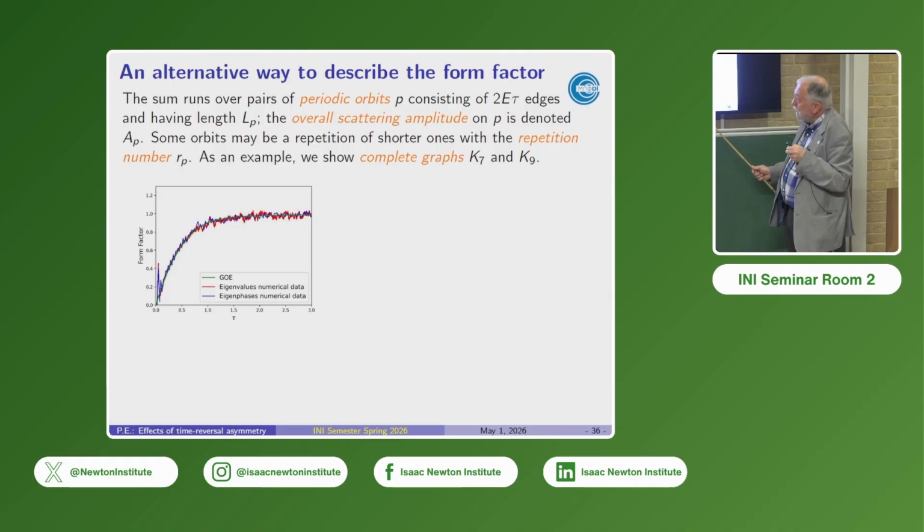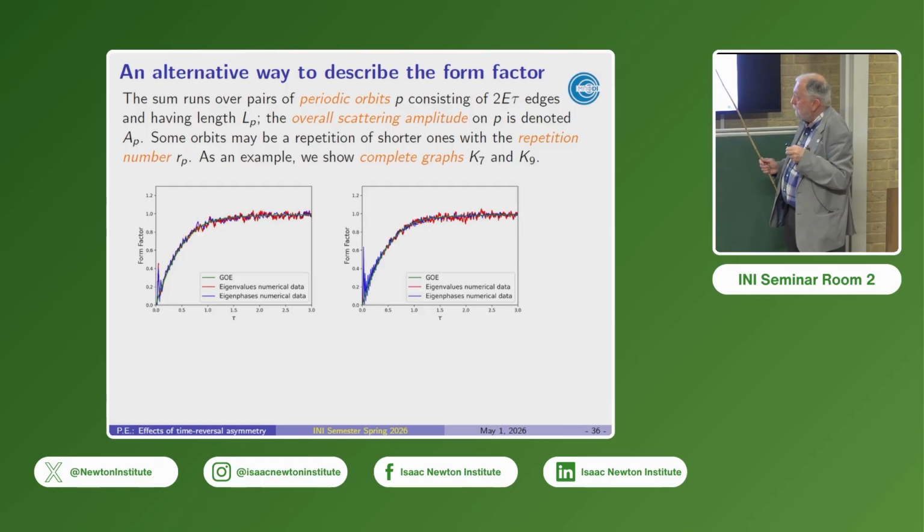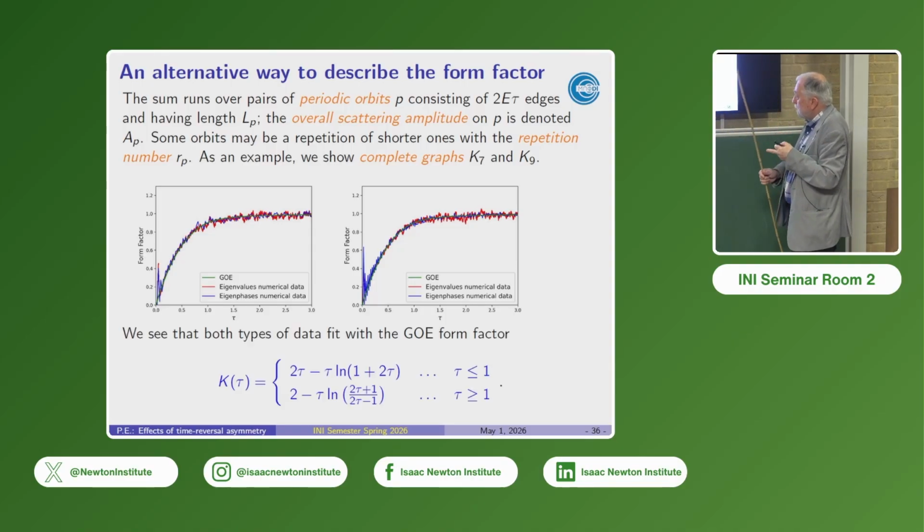So here we computed for comparison the form factor for the complete graphs K7 and K9, like that. And we computed it in two ways: through eigenvalues, that's the red curve, and through eigenphases, that's the blue curve. And you see that they are nicely sitting on the GOE formula, which is given here.